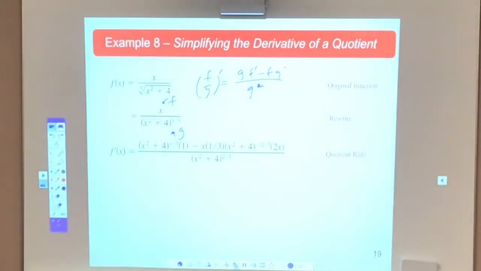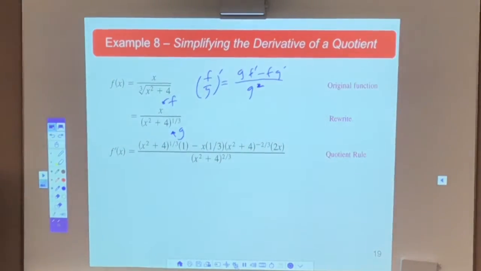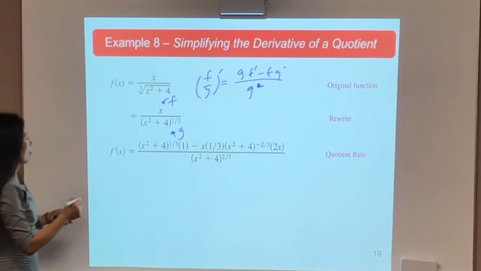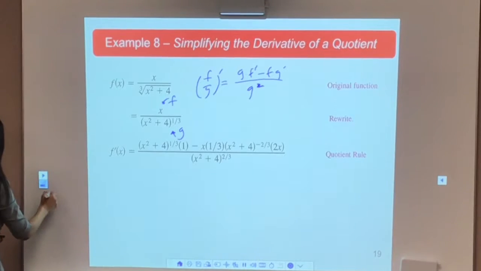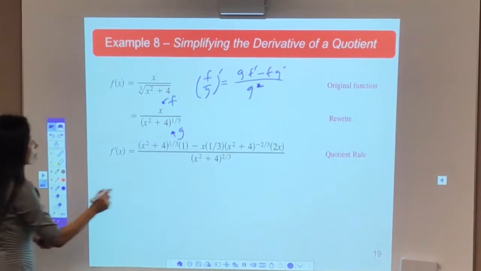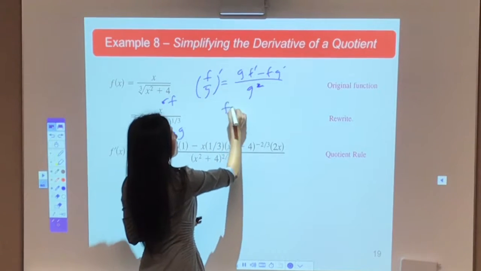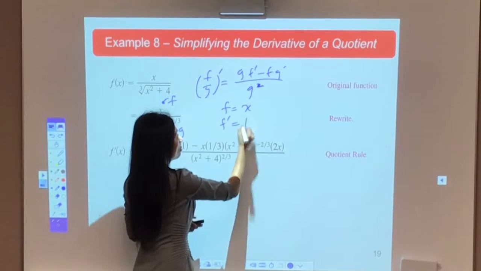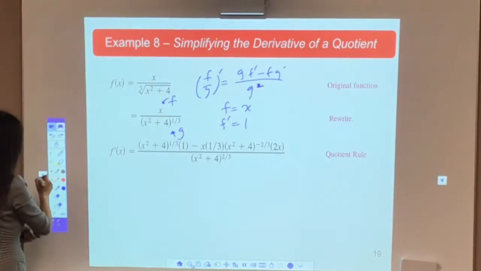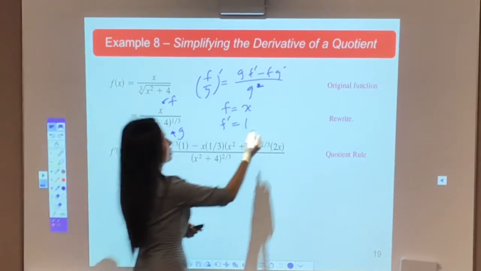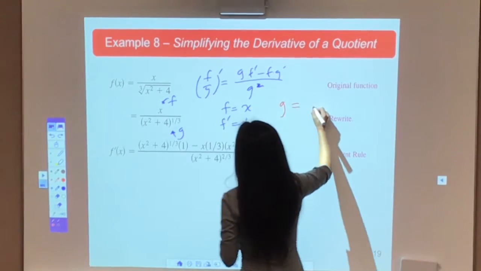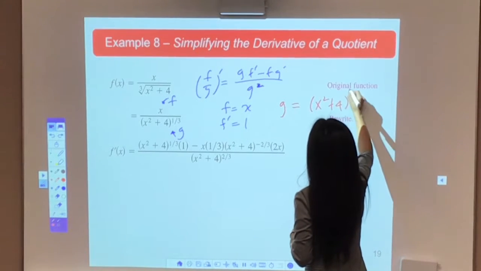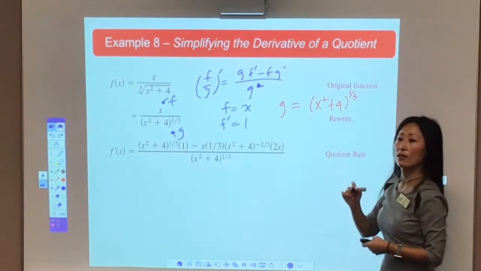So for the derivative of that, how about I write this down? First things first, my F is x. What's my F prime? 1. Everybody with me? That's my G. G is equal to what? x squared plus 4 to the 1/3.